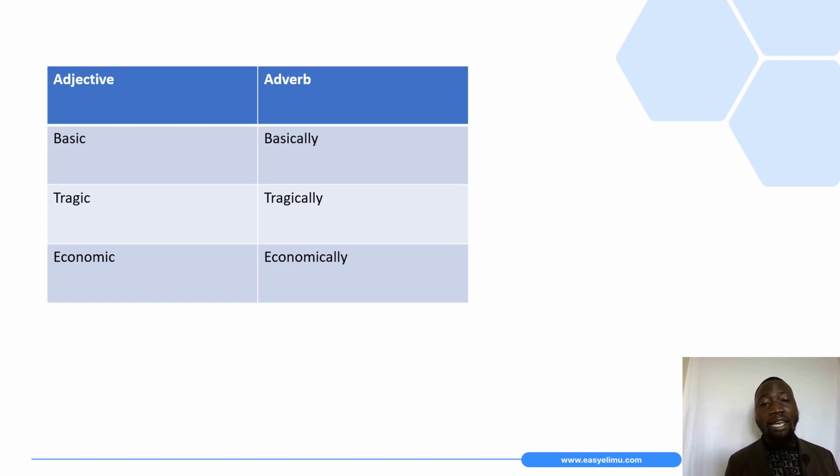All those are now adverbs. If you listen keenly to how I'm pronouncing those words, you'll realize that after forming the adverbs, the a that is coming just before letter L is silent.